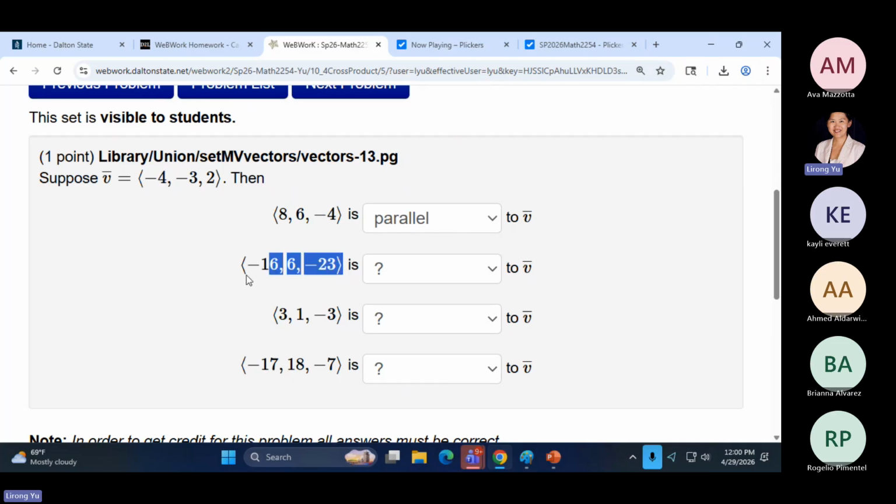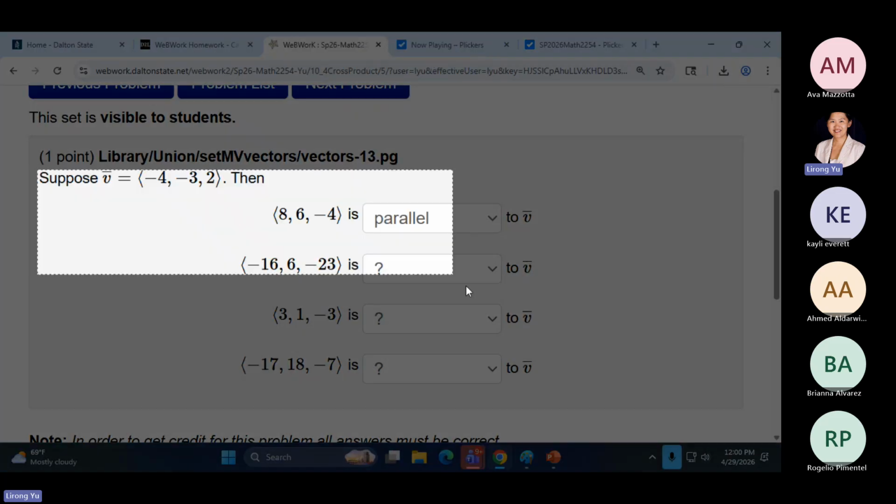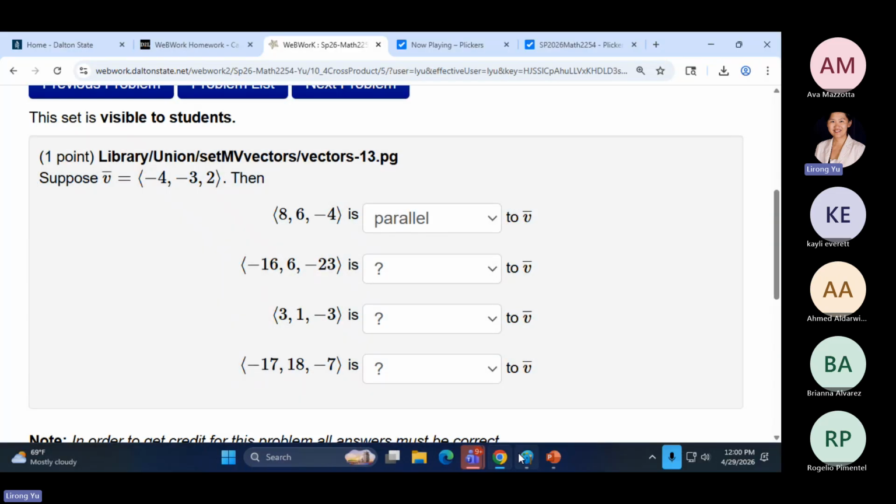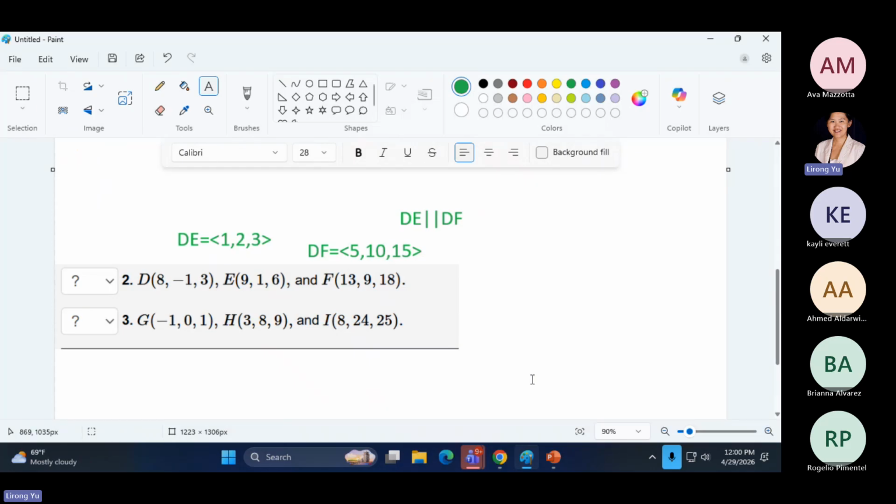So this time that's 64 minus 18. And then what's that? That's 64 minus 46, minus 18. Okay, so about whether they are perpendicular, we will have to do some calculation.